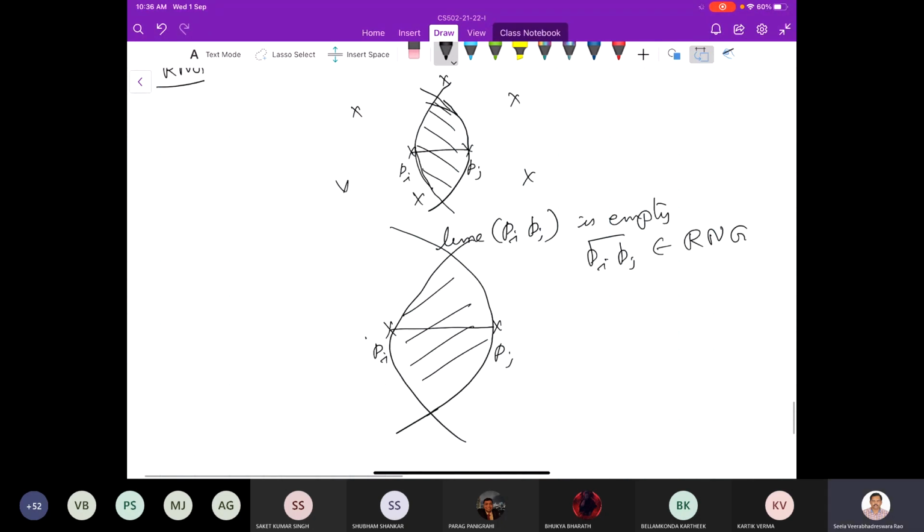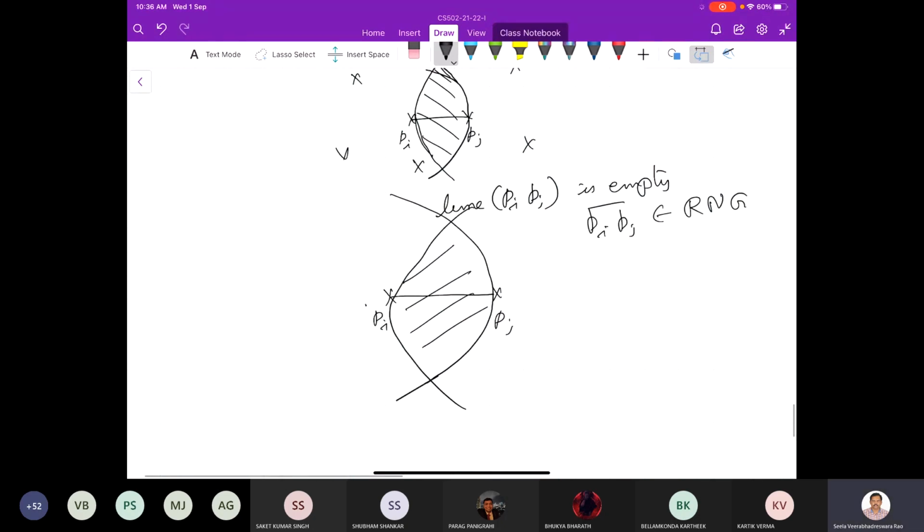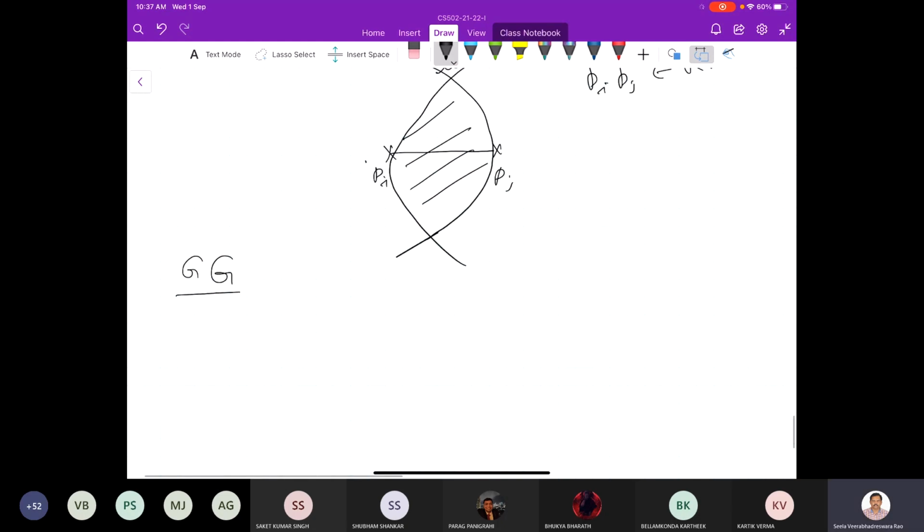Okay, and the Gabriel graph is defined like this. The edge between PI PJ belongs to the Gabriel graph if the circle with PI PJ as a diameter is empty.